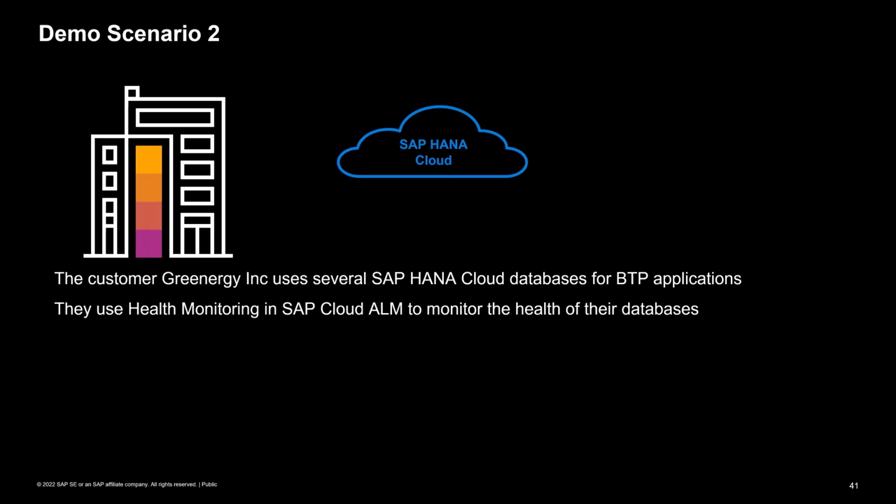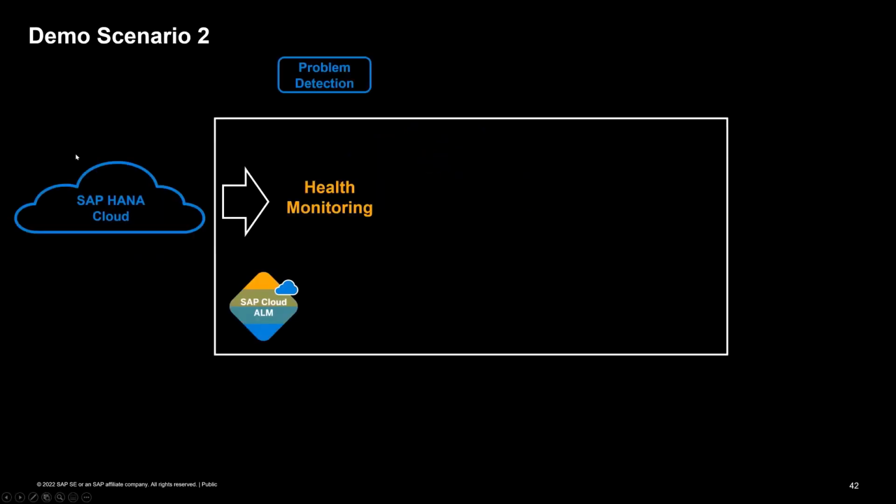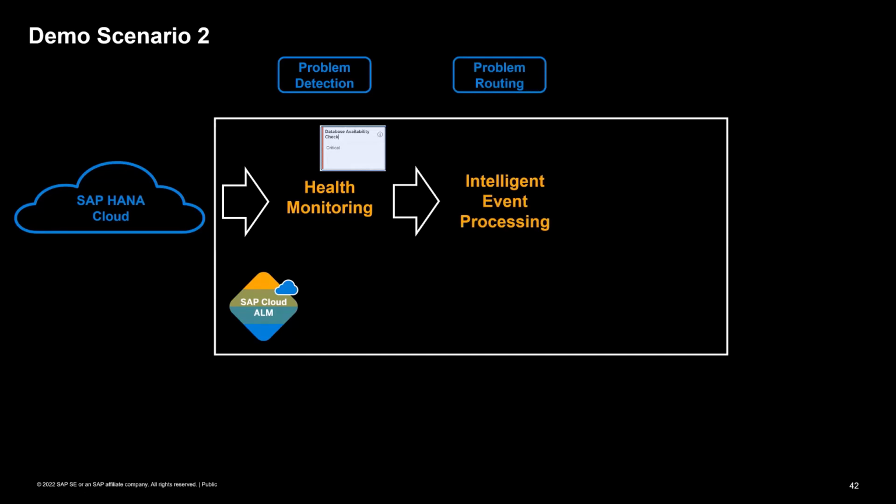And basically, our customer is using health monitoring in SAP Cloud ALM to monitor the health of his databases. It's very similar. So we monitor the SAP HANA Cloud database this time with health monitoring in SAP Cloud ALM, where we check the database availability event.